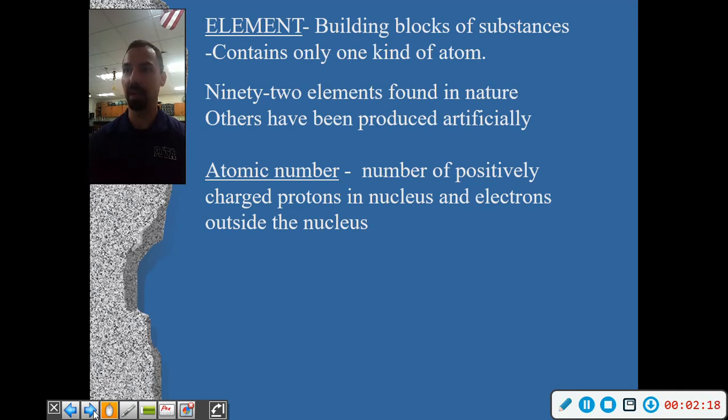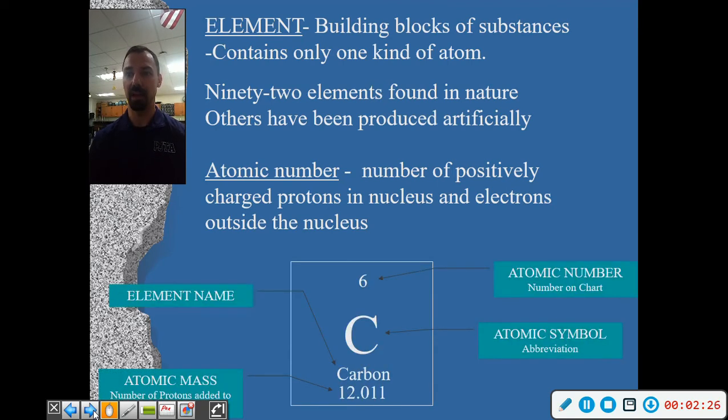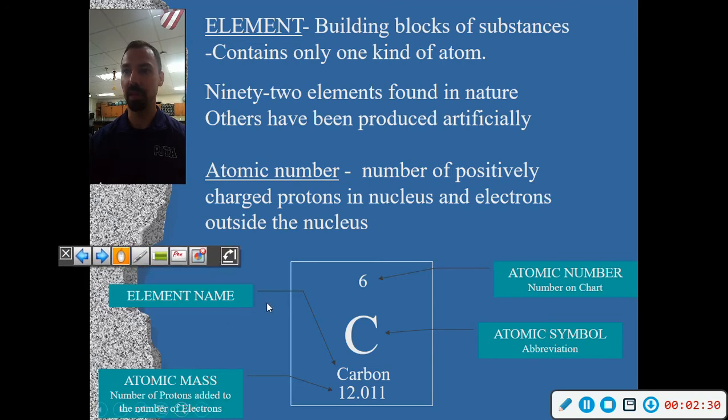There's an atomic number, which is the number of protons in the nucleus, and electrons outside the nucleus in neutral atoms. Here's an example, looking at a block from the periodic table. Each has a name and a chemical symbol, which is either one capital letter or a capital and a lowercase letter, and they are numbered by the atomic number.